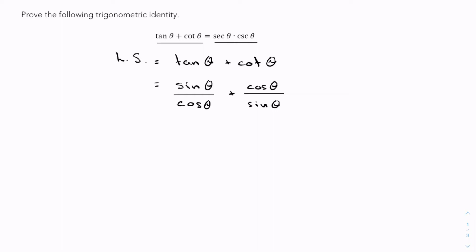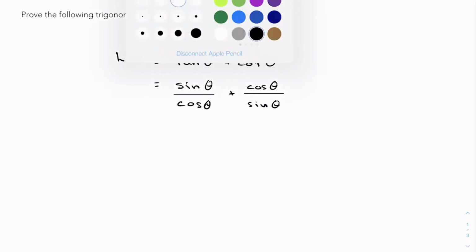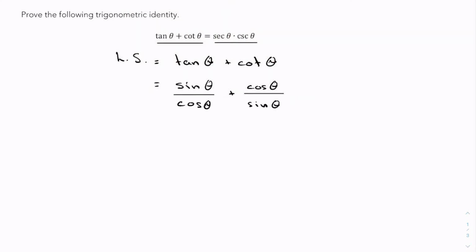I guess the idea here is that because I have them as fractions, I can now combine them together over a common denominator. And in this case, my common denominator is going to be cos times sine. So I'm going to multiply this fraction by sine theta, both top and bottom, and the other one, I'm going to multiply top and bottom by cosine theta.